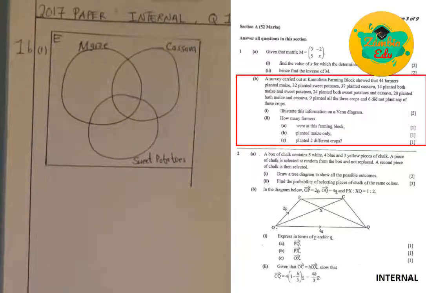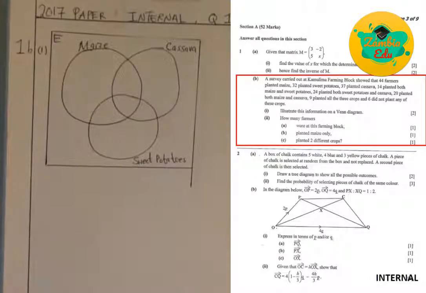Okay, having drawn our diagram in that way, now we are going to fill in the values inside our Venn diagram. We need to know what we're supposed to have under the maize set, the cassava set, and the sweet potato set.